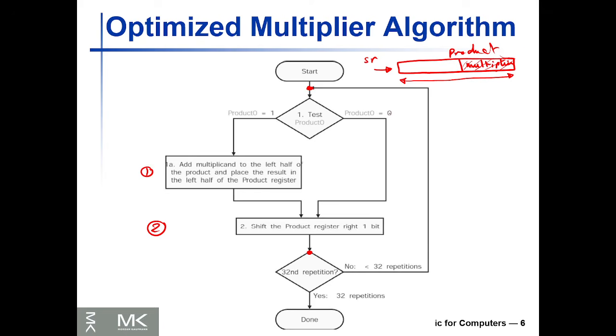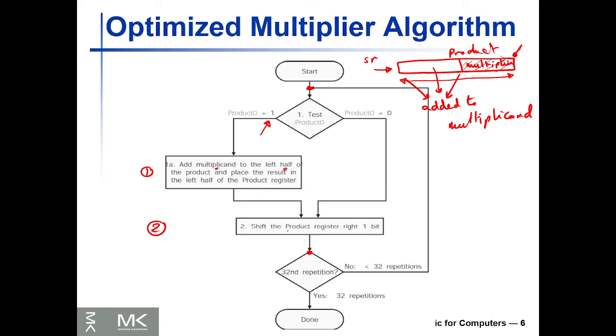So if the least significant bit of the product is 1, we're going to do the addition. We add the multiplicand to the left half only, this half. This is the left half, and it will be added to the multiplicand, of course only if the least significant bit is 1.